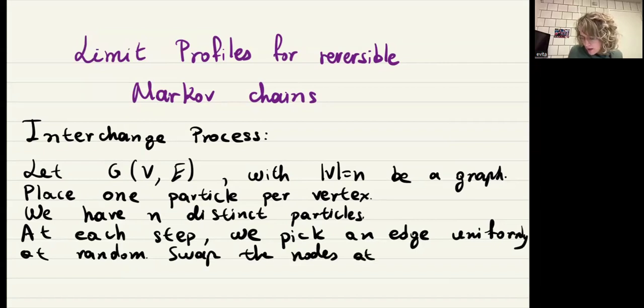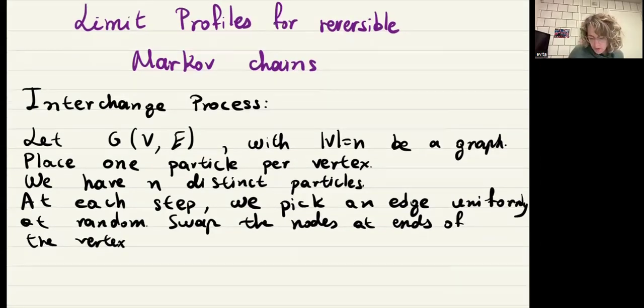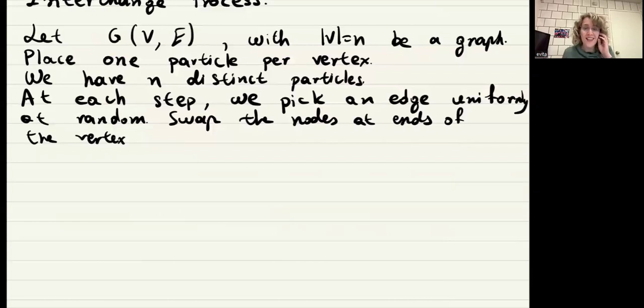And that's the process. One question for today is something of the form: for how long do we need to repeat this until we get some sort of random configuration?